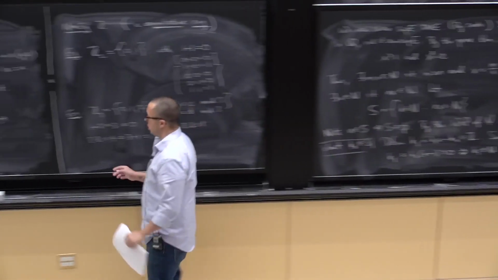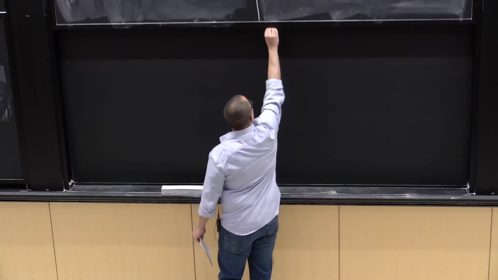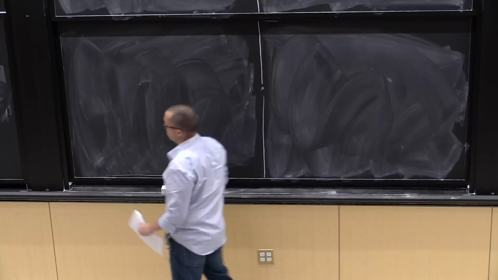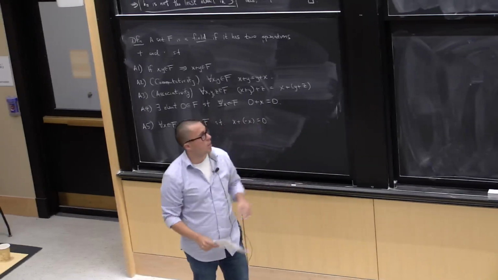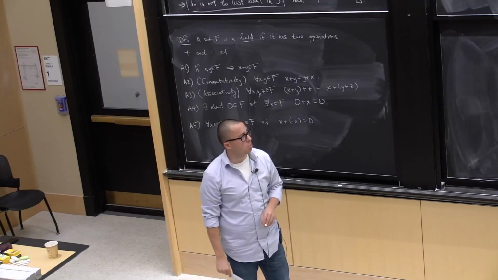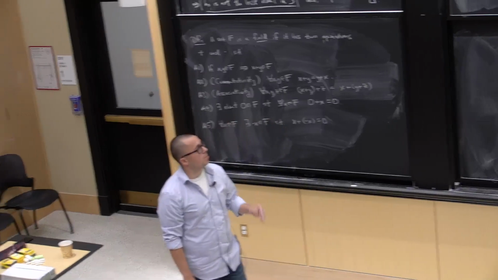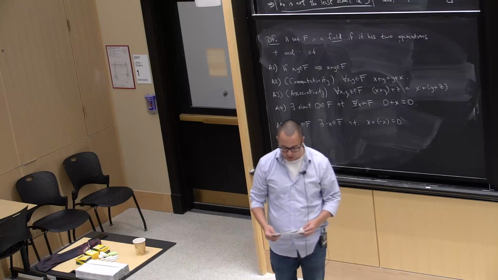Okay, so it's another example of a field. In fact, if you take mod P, where P is a prime, you get another field. You get a finite field. These are examples of what are called finite fields because they are fields and they have a finite number of elements.